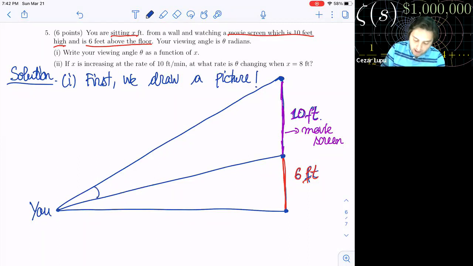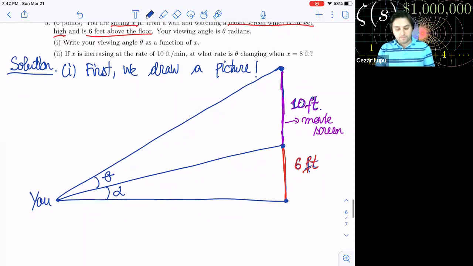So this will be my viewing angle of the movie screen, theta. And I can write my angle of viewing of the wall. Let's say this is alpha. Okay, beautiful.